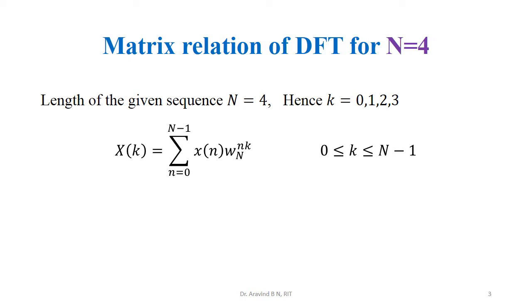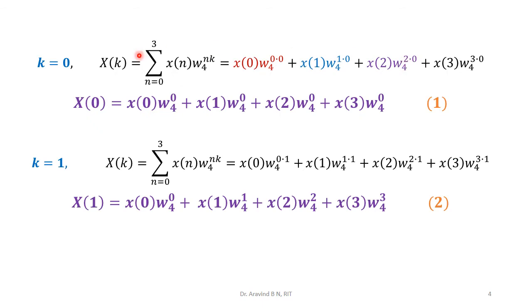Now let us continue with the expansion of the DFT. At k equal to 0, we are going to get X of k is equal to summation n equal to 0 to 3 x of n omega 4 power nk. K in this particular expansion will remain equal to 0. With respect to that, we are going to expand this summation.